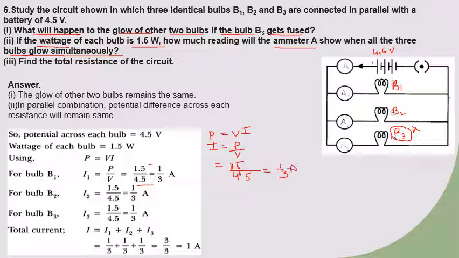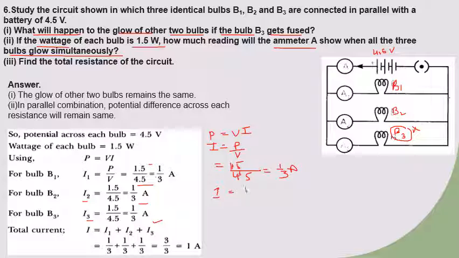And here again for I2 we will get the same thing, and for I3 also we will get the same reading. So 1 upon 3 A will be the reading for all three bulbs and all three ammeters, right? So what will be the total current? As we know, in a parallel connection the current is different while the voltage remains constant. So we have to find the current across each bulb, which we found to be 1 upon 3.